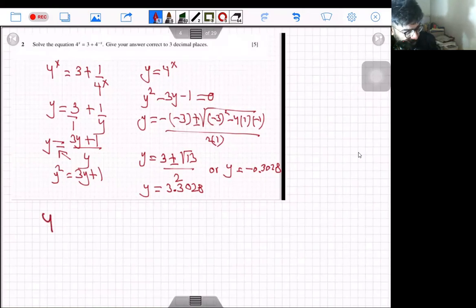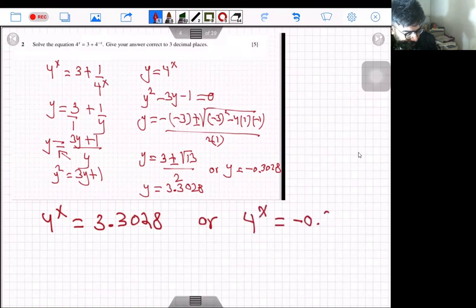So we can say that 4 raised to the power x is either equal to 3.3028 or 4 raised to the power x is equal to minus 0.3028. So if we take ln on both sides, because obviously we have to make x the subject of the equation over here, and for that purpose we need to introduce ln on both sides, the power law of logarithms. So take ln on both sides.